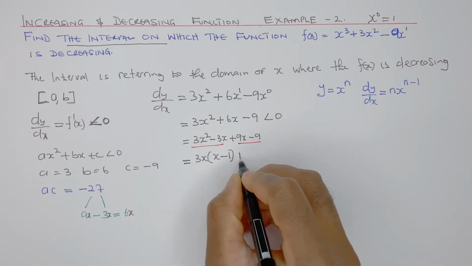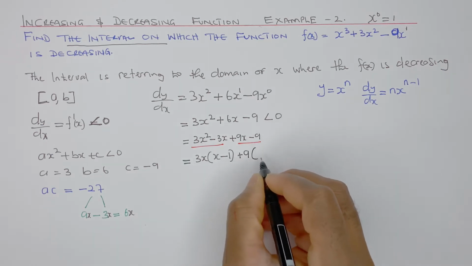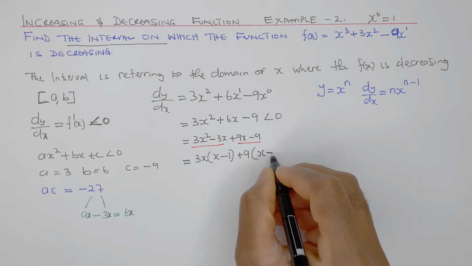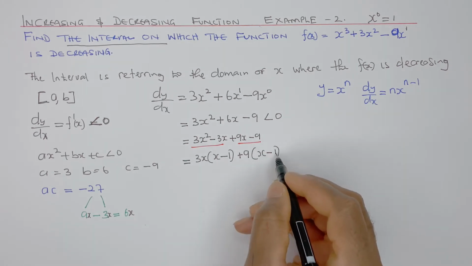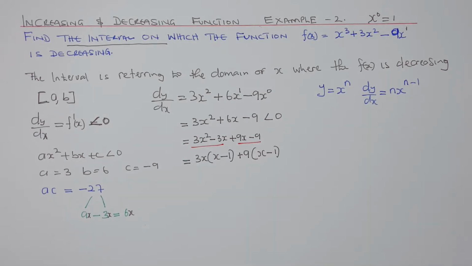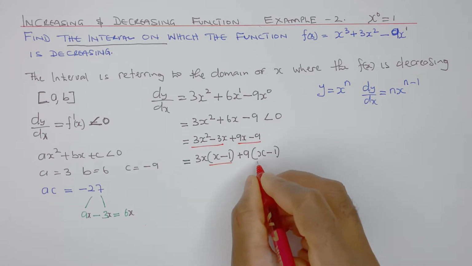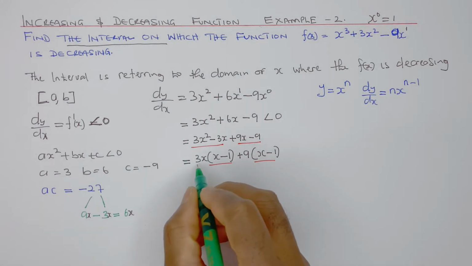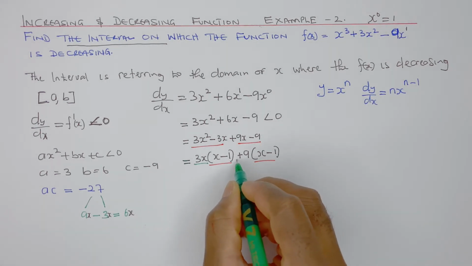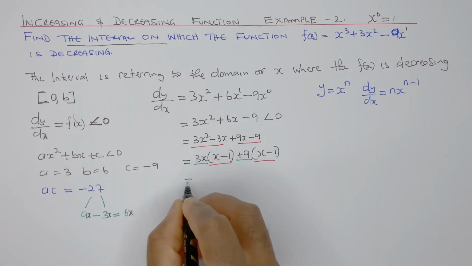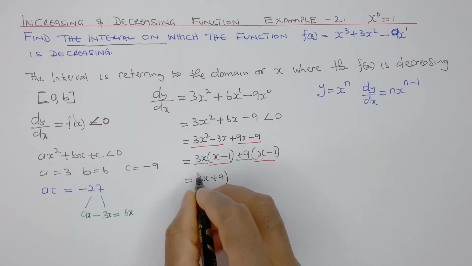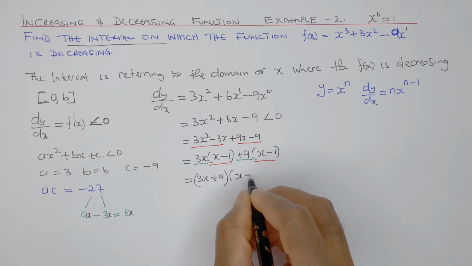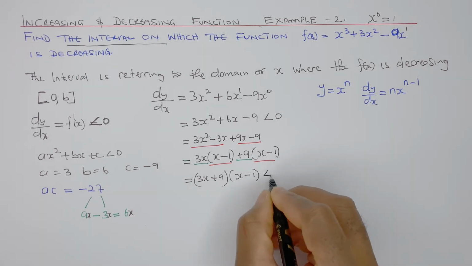And plus 9 is common, so I then get x minus 1 again. 9 times x is 9x, 9 times minus 1 is minus 9. But I also have another common factor here, x minus 1. What's left is 3x plus 9, which means we've got 3x plus 9 and x minus 1, less than 0.